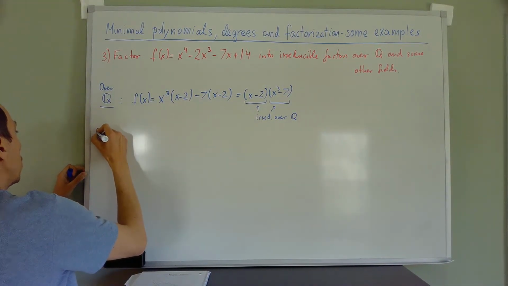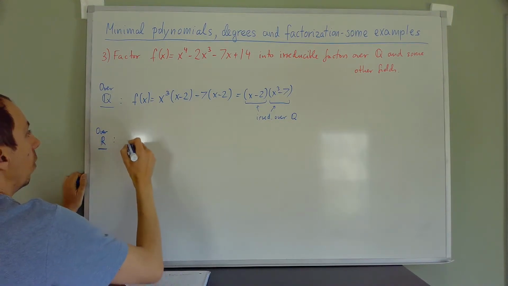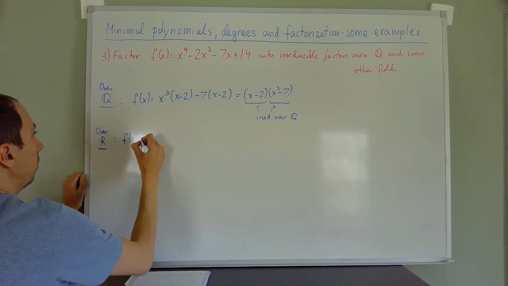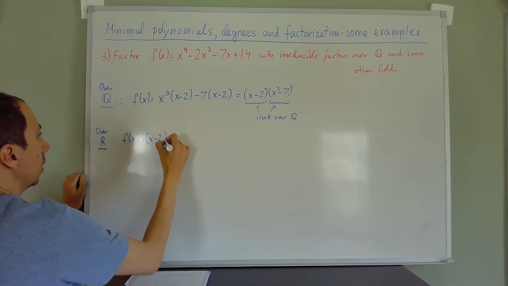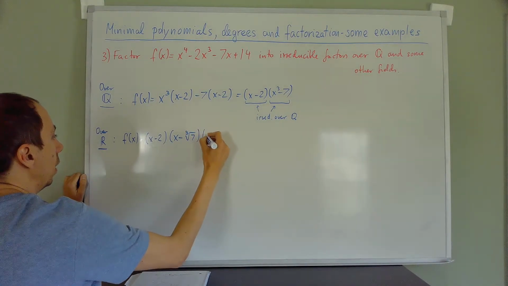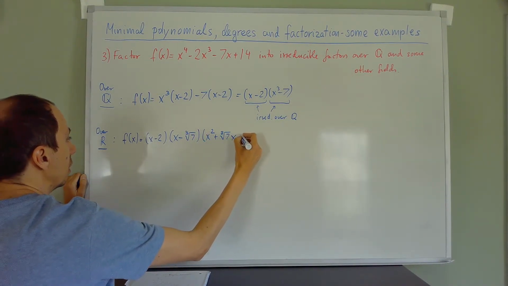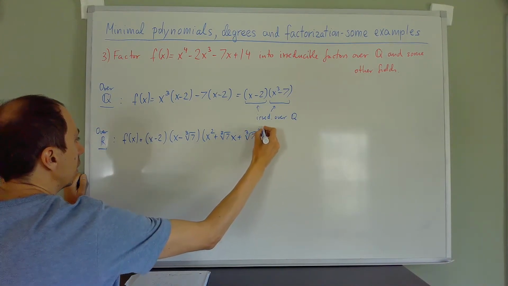Let's do a factorization over the reals. Well, in this case, I can factor this last factor further, and I get x minus cube root of 7 times x squared plus cube root of 7 x plus cube root of 7 squared.